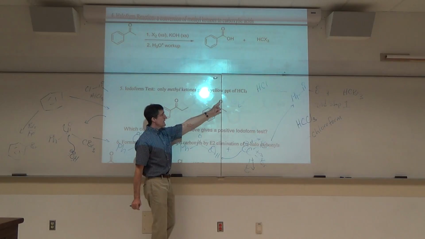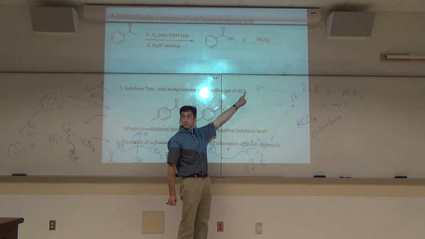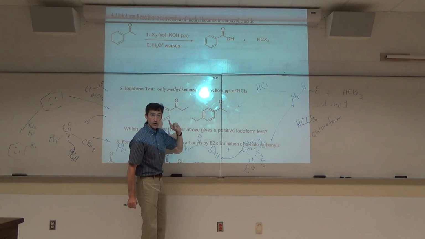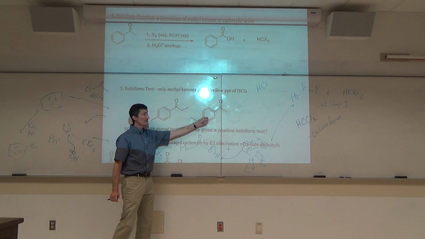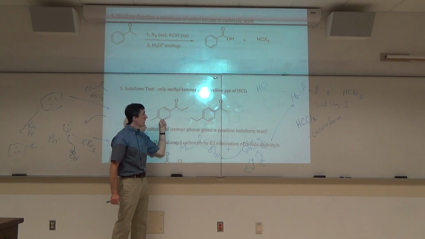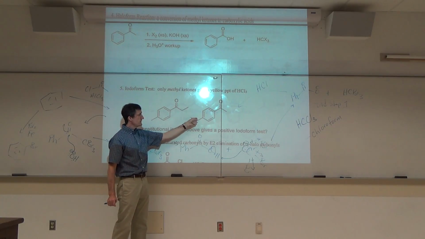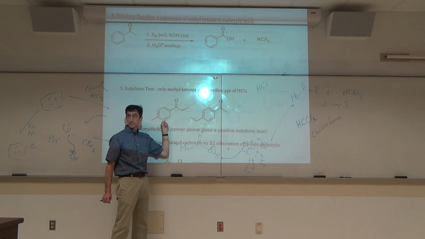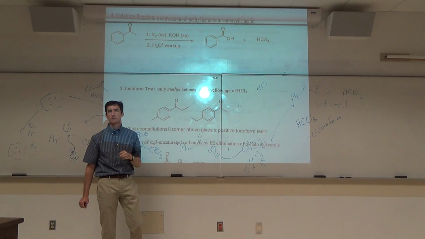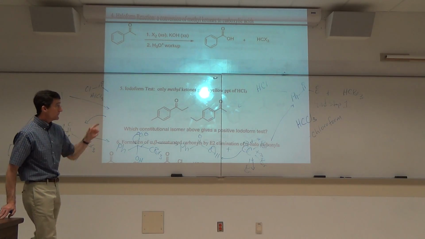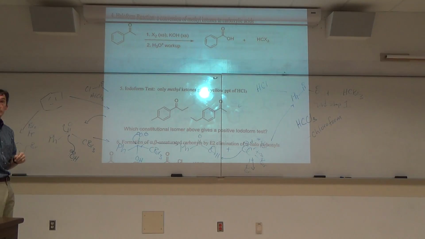But of course, you only get the byproduct iodoform if your starting product had what? A methyl ketone. So these isomers here are going to give very similar NMRs, very similar IRs. Now, mass spec would be significantly different. But we can also perhaps distinguish them by using an iodoform test.